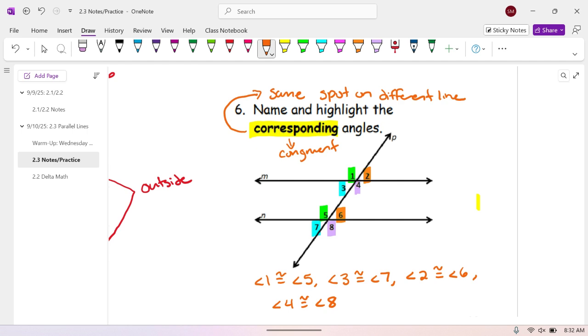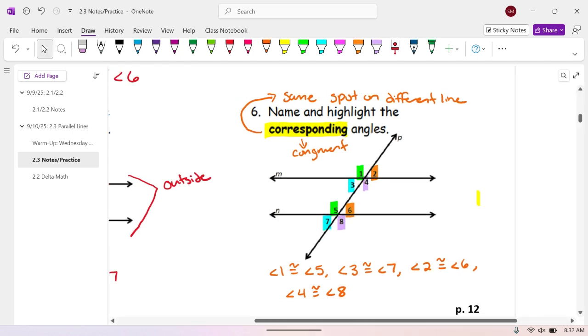So again, think about corresponding, they go together. Corresponding in math means they're in the same spot, but on a different plane of existence. In this case, it's the same spot, different parallel line. Any questions on the congruent theorems?